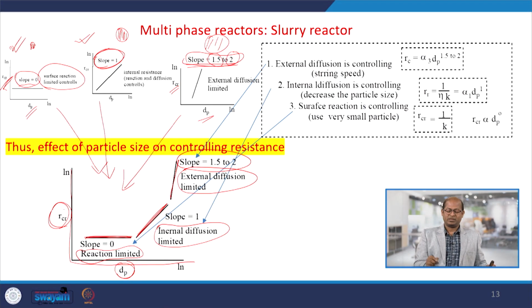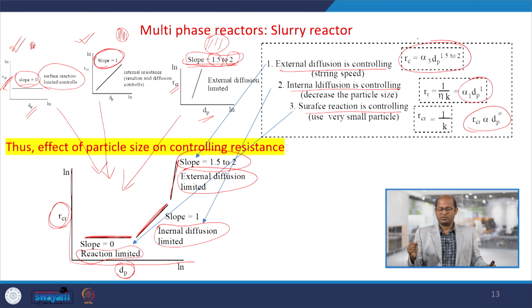When this type of experimental result comes, we get it from the slope. From here we can see which one is controlling: external diffusion resistance, internal diffusion or surface reaction. So, surface reaction controls in this case, internal diffusion controls in this case, and external diffusion resistance controls in this case.